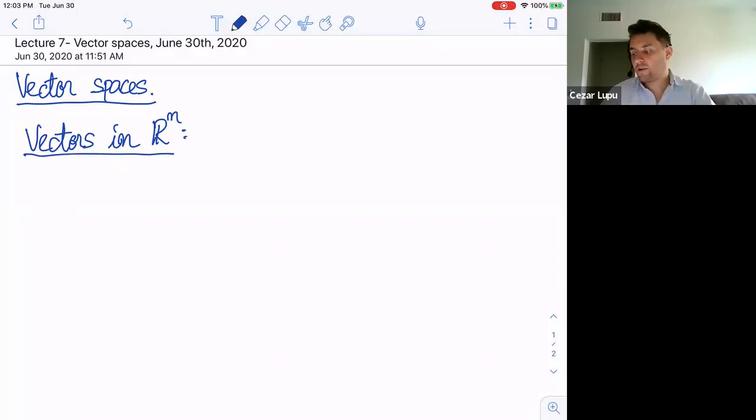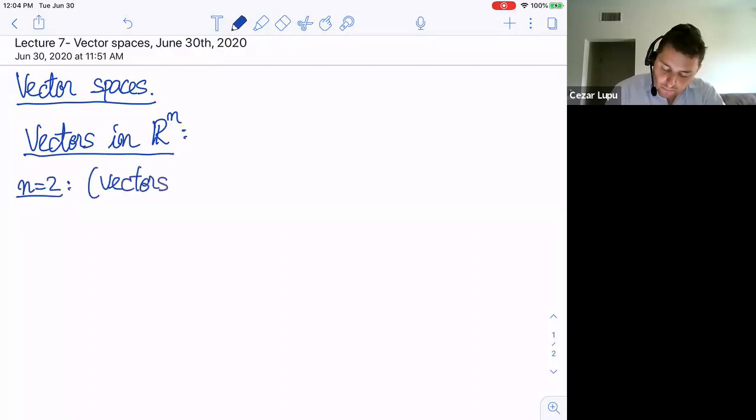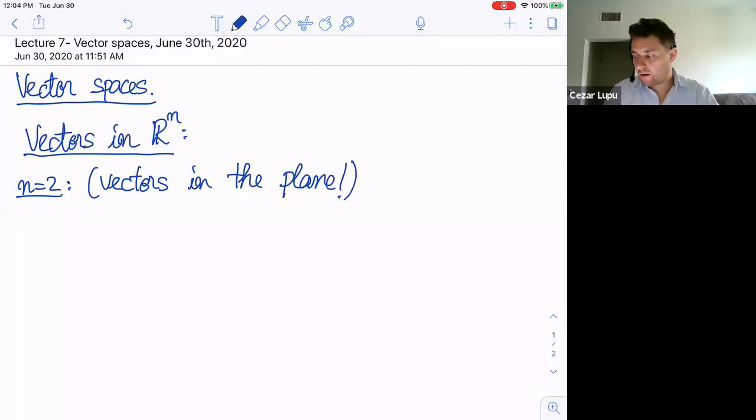So now let's talk about vectors in Rn. I assume you are already used to this. Probably you have seen them in engineering and stuff. So when you have a vector in Rn, let's take n equals 2. So we want vectors in the plane. So vectors in the plane are something like this. Let me draw a picture.